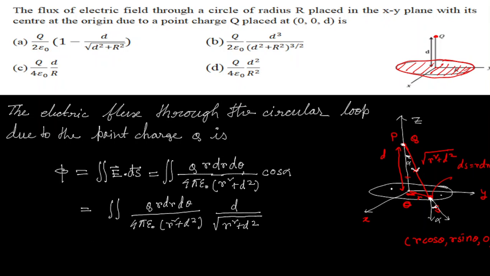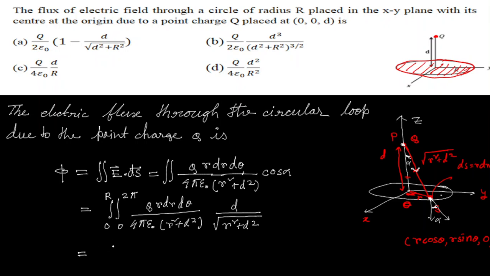And then for the total flux, we have to do the surface integral over the surface of this loop. For the complete loop, the limit of small r will be 0 to capital R, and the limit of theta will be 0 to 2 pi. Since there is no theta term, we only have to integrate d theta. The integration of d theta will be theta, and putting in the upper and lower limits, we get 2 pi.